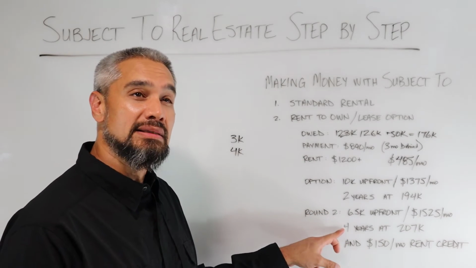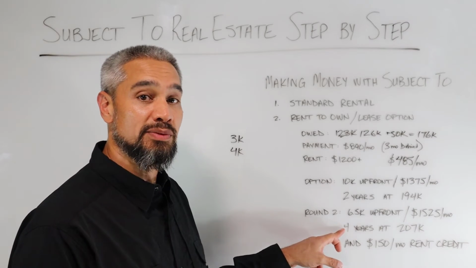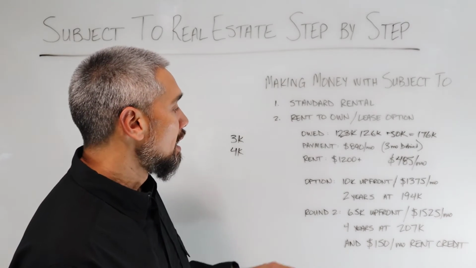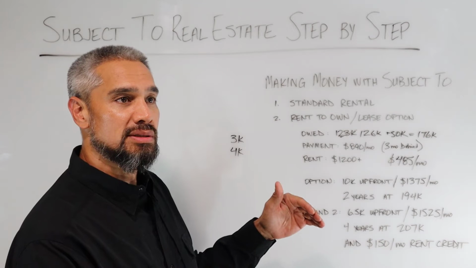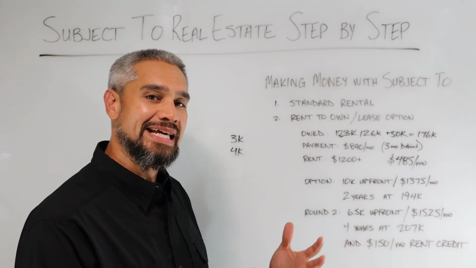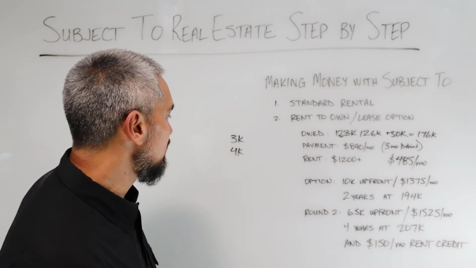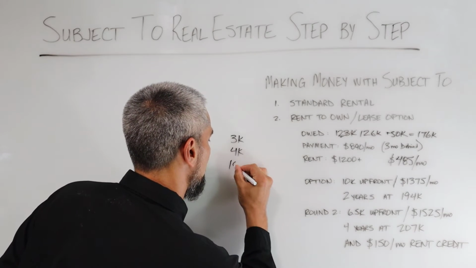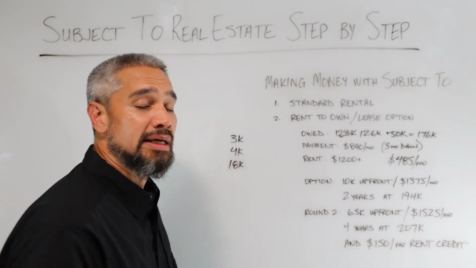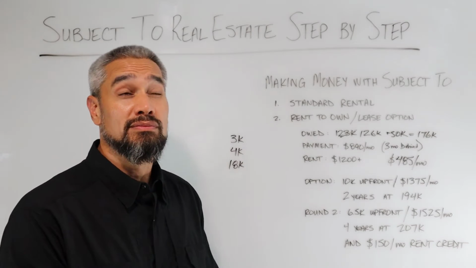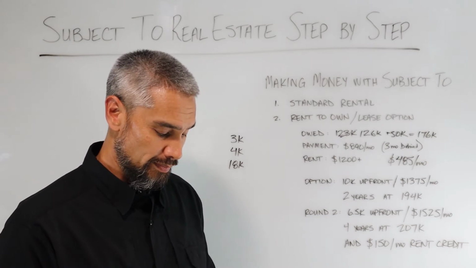And because they leased the property for about 20 months before exercising their option, all in all, with the changes in the payment, because obviously taxes and insurance go up over time, they did bring in a higher payment. They ended up bringing in a total of about $18,000 in cash flow over that just under 4-year period.